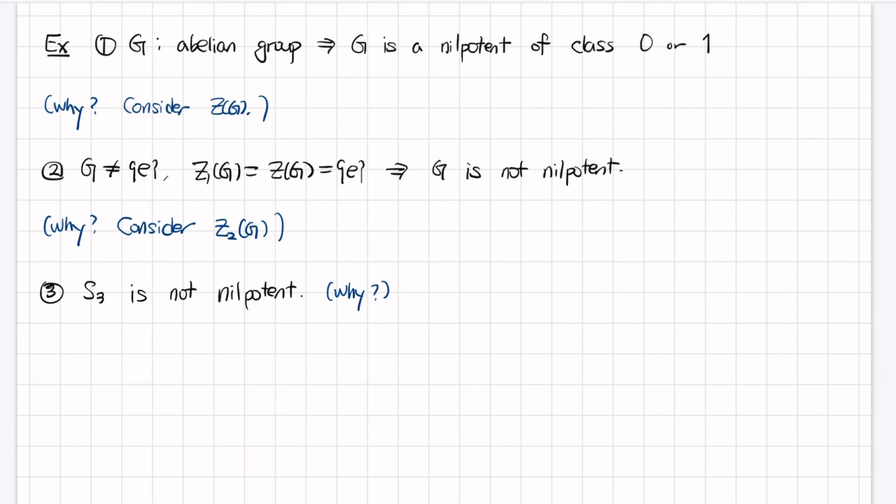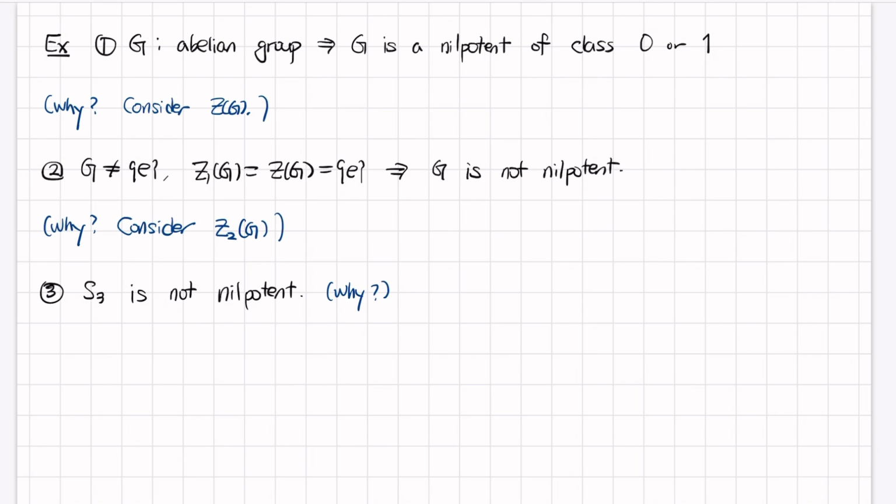For the why part, you can consider the center of a group and combine it with the definition of nilpotent group. And for the second one, if the group is not trivial and the center is the identity group, then G cannot be nilpotent. For the why part, you can consider Z2 of G from Z of G. You can construct Z2 of G and you can see why G is not nilpotent.